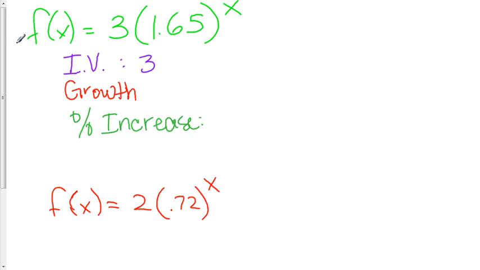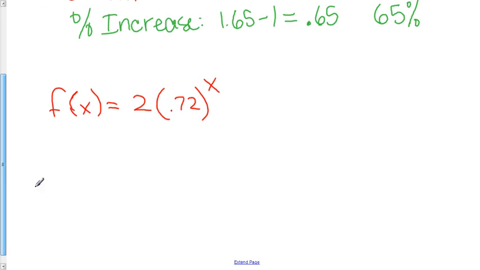And as you recall from the previous slide, the percent of increase is how far from 1 we are. So that's 1.65 minus 1, which gets you 0.65. And so our percent of increase is 65%. Domain would be all reals, range would be all reals greater than 0. It would have an asymptote at y equals 0.